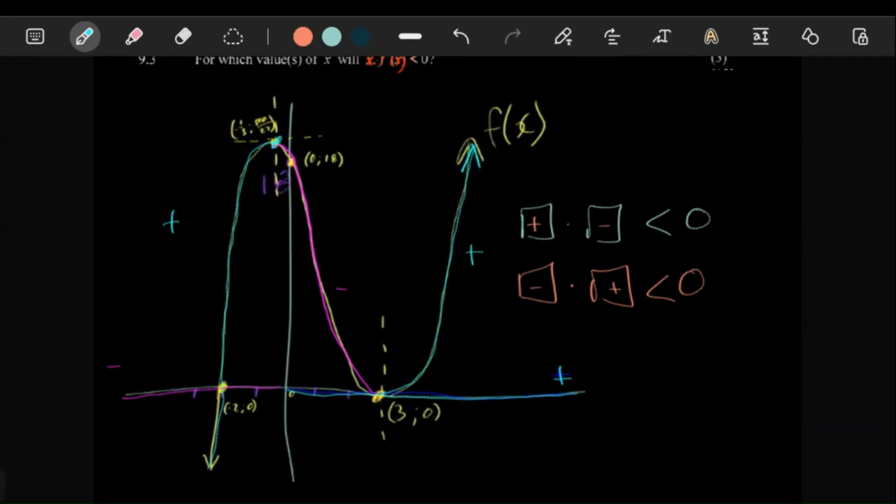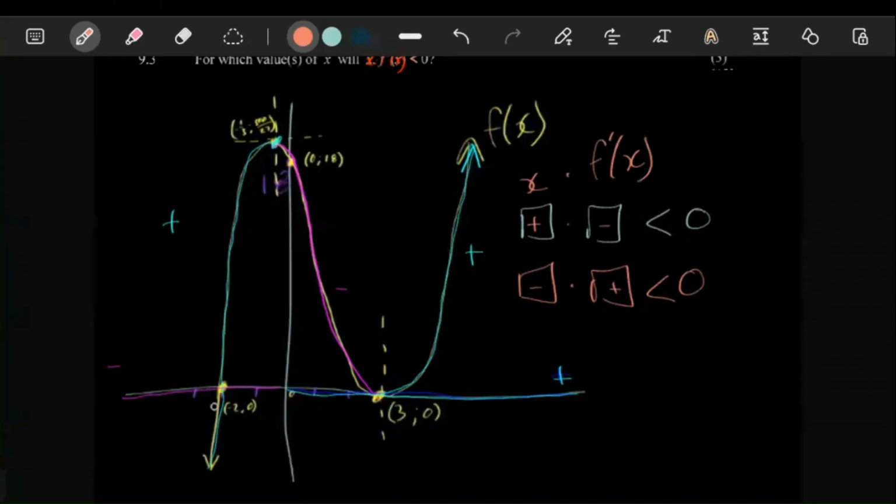The idea is we want to identify parts where you have a mixture of positives and negatives, when we're talking about x values and the gradients of this graph. So all we want to do is look for places where you have positive x values while having negative gradients, or a point where you have positive gradients with negative x values.